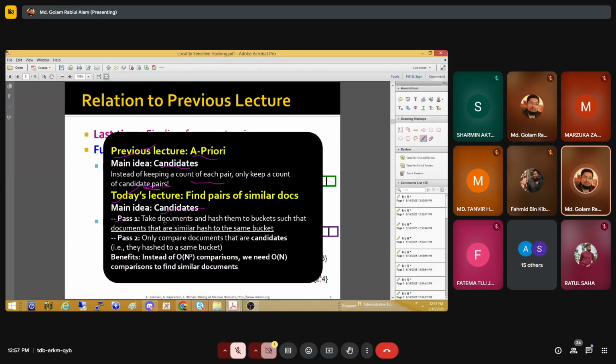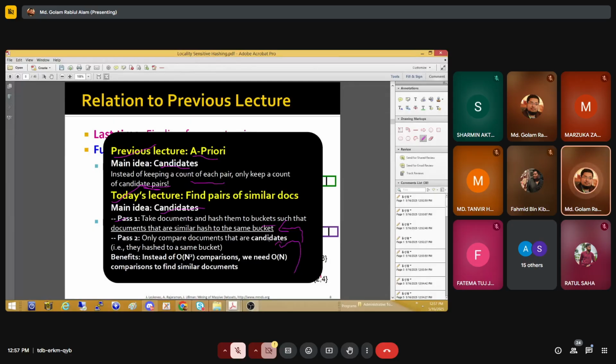In pass one, take documents and hash them to a bucket such that documents that are similar hash to the same bucket. That is the regular phenomenon in our hashing algorithm. And in pass two, only compare documents that are the candidates, that means those in the same bucket.